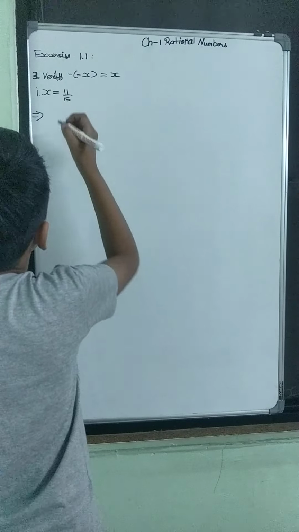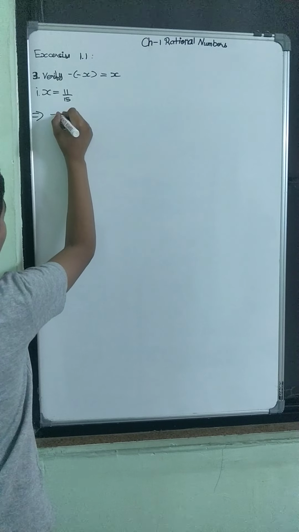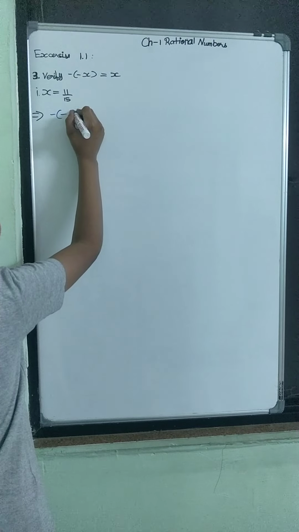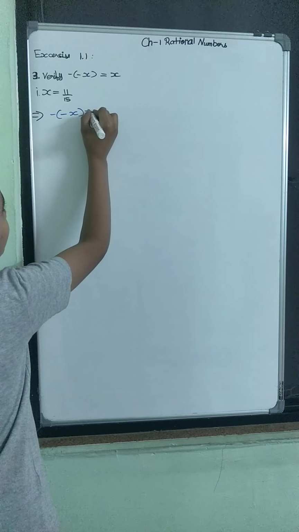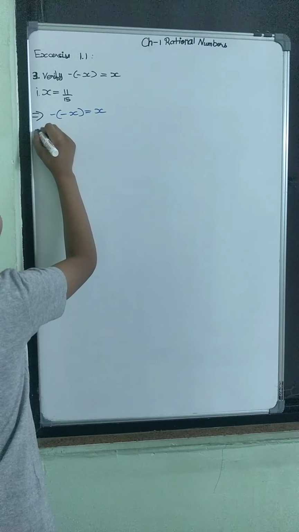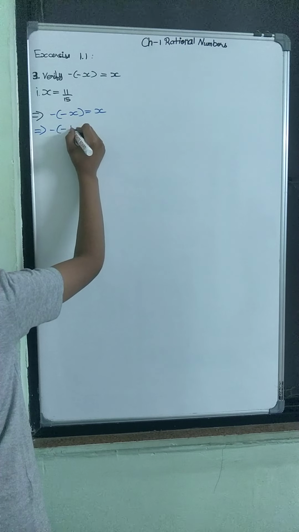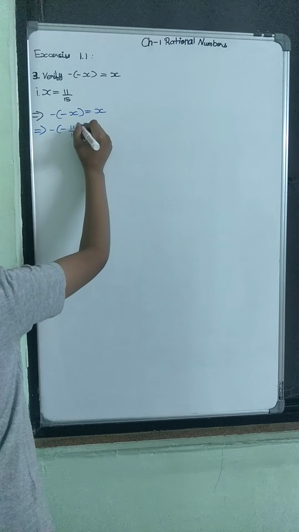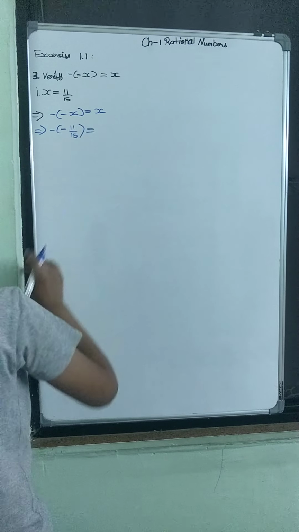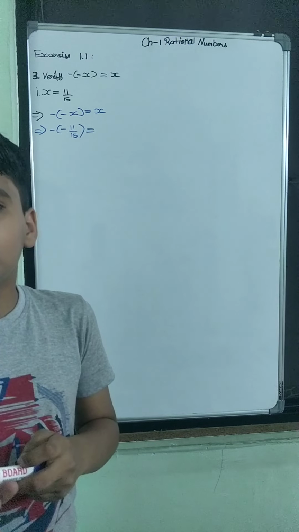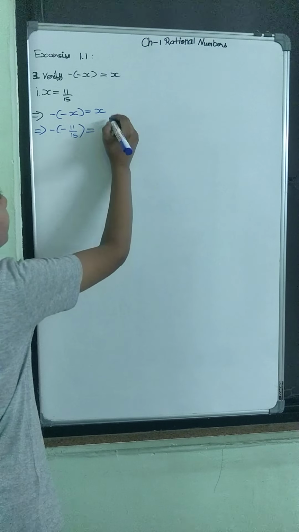So our value of x is 11 by 15. So minus x is equal to x. Therefore minus minus 11 by 15 is equal to what? Is equal to 11 by 15.